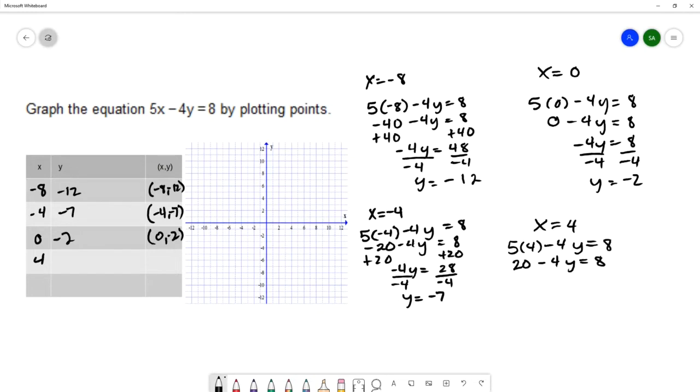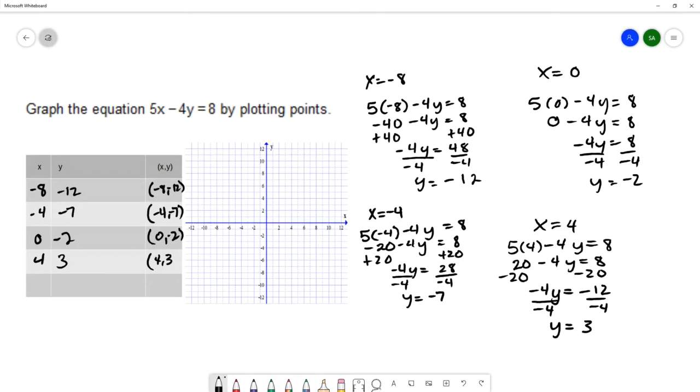I want to isolate the y by subtracting 20 on both sides. That gives negative 4y equals negative 12. I'll divide both sides by negative 4, and y equals positive 3. So for an x value of 4, we have a y of 3, and the ordered pair is (4, 3).